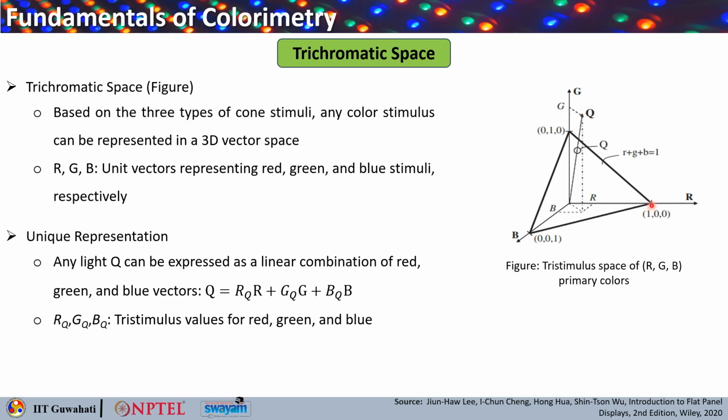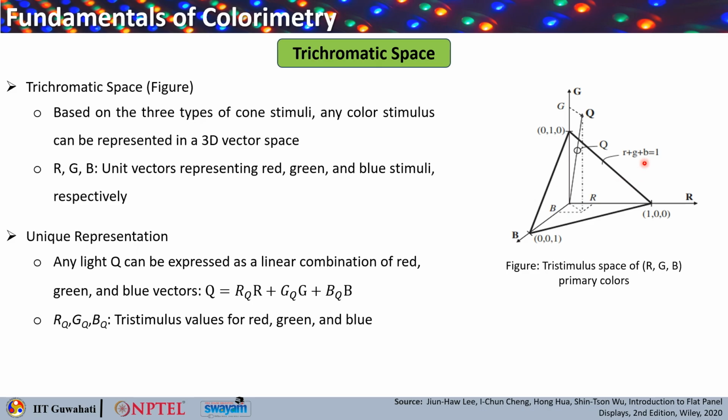Now, what is this coordinate? This is 1 0 0, this coordinate is 0 0 1 and this one is 0 1 0. Another important thing is that if you join these 3 points, you get a plane on which small r, small g and small b add up to 1.